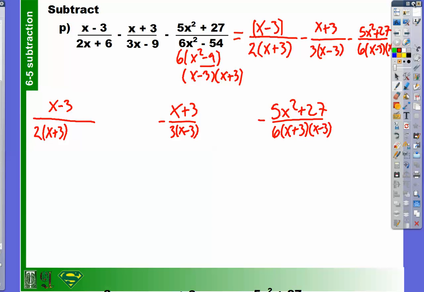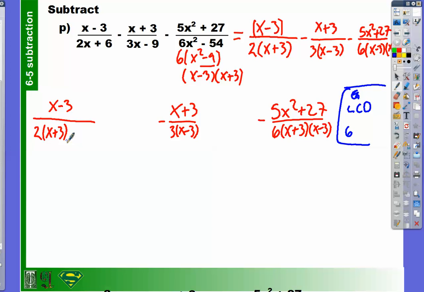So the next thing I'm going to have to do is to see what I need to multiply each fraction by in order to get a common denominator. So if I look at my first fraction, what am I missing? Well, this has a 2, and this one has a 6. So obviously, I'm going to need a 6, right? So my least common denominator is going to have a 6.